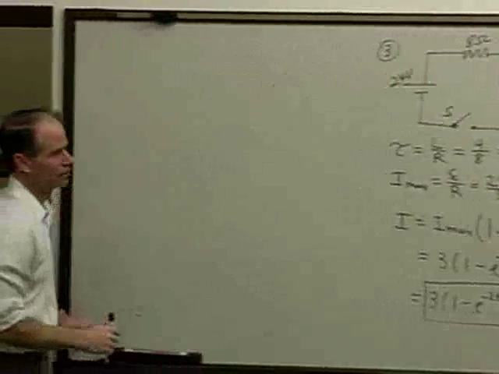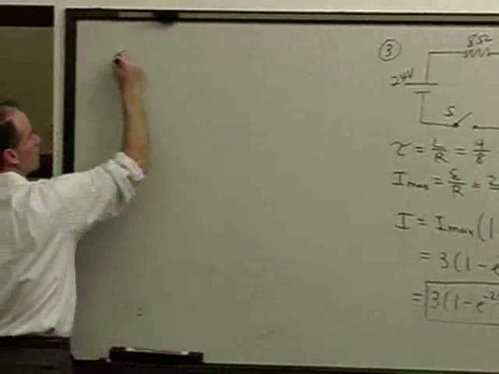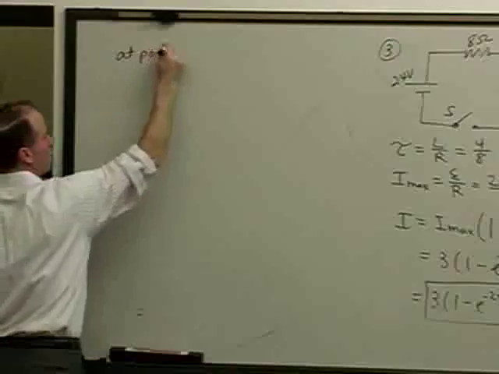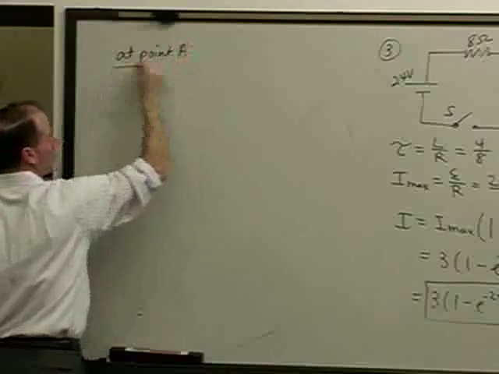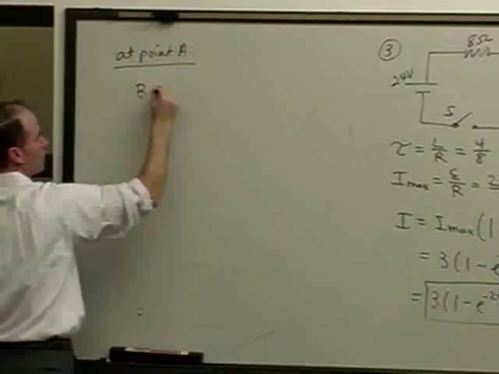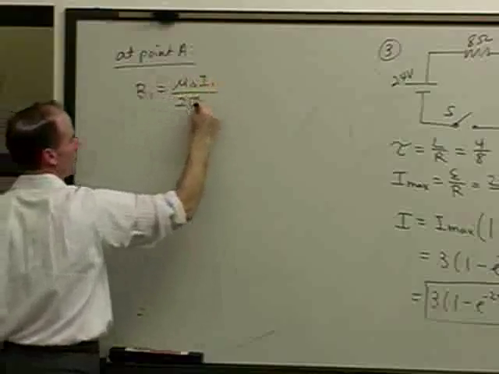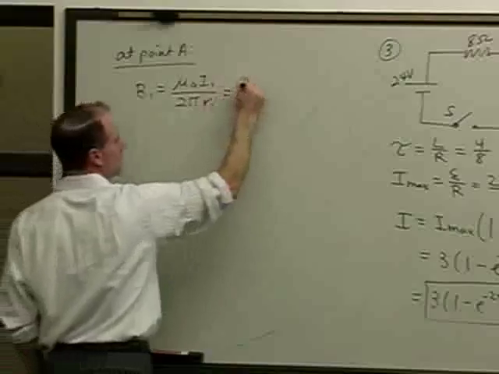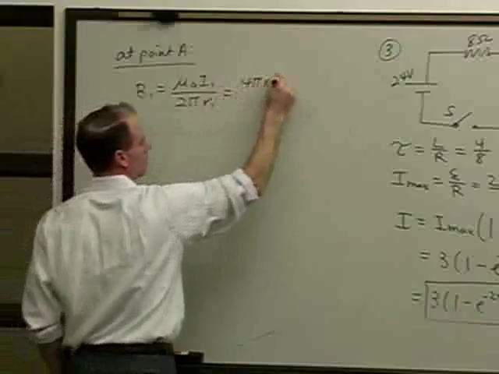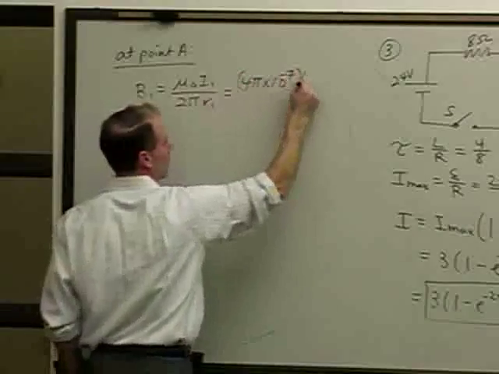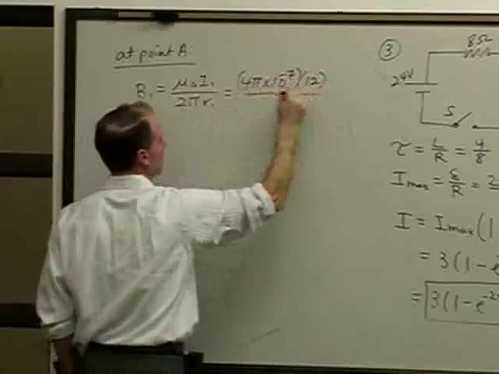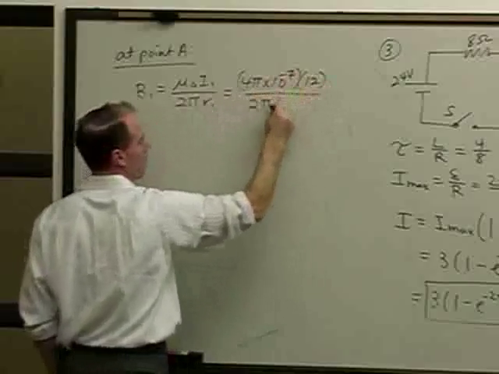So those two fields are going to add. Let's find the magnitude of those two fields at point A. We've got field number 1, which would be mu naught I1 over 2 pi R1. That's going to be 4 pi times 10 to the minus 7 times 12 amps, which we just determined, over 2 pi.